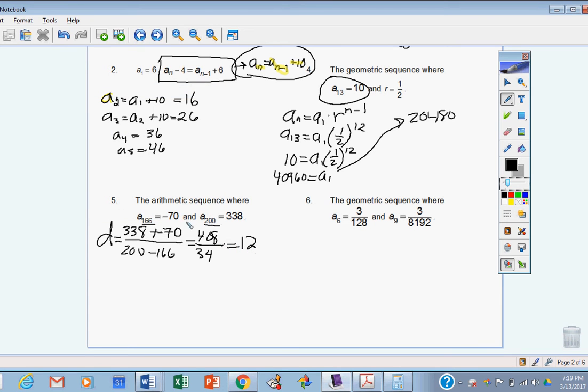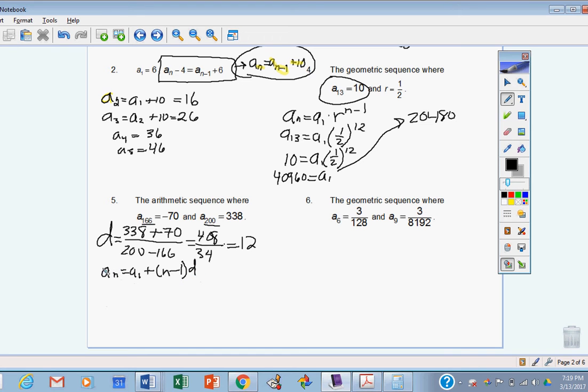Again, the directions for this section were just to find the first 5 or 6 terms, whatever you want to do. So basically, we could come up with multiple ways to think this through, but if we're using our formulas, this finds any term of an arithmetic sequence. Okay? So there's our formula.